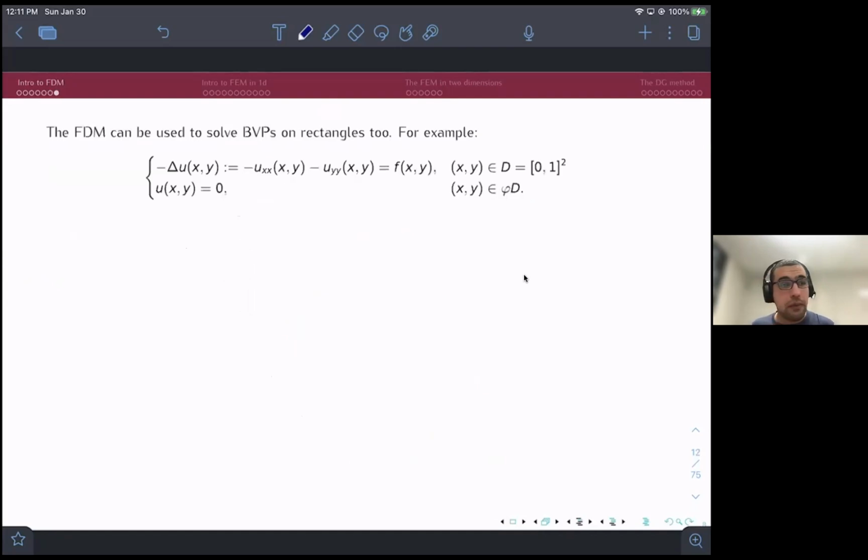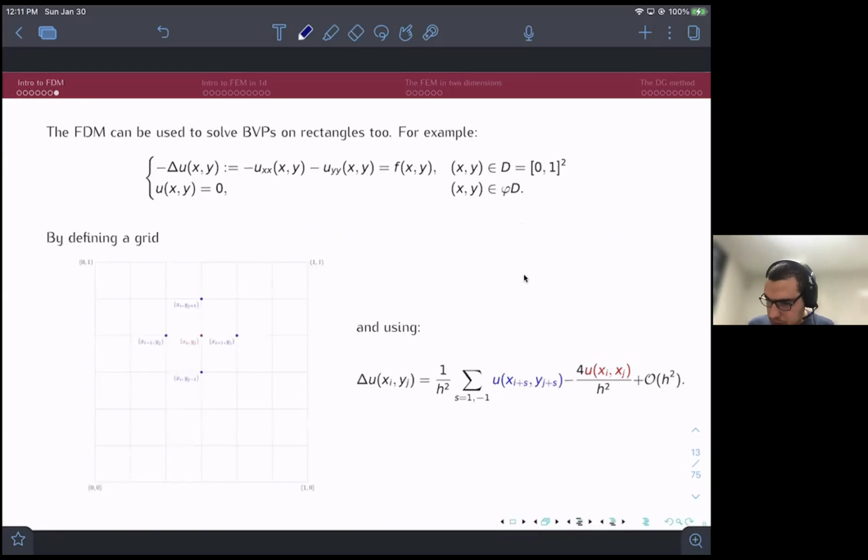Now we could do the same thing in 2 dimensions. I can define the Laplacian operator, delta. Basically, delta u is just u_xx plus u_yy. Sorry, these should be partials.